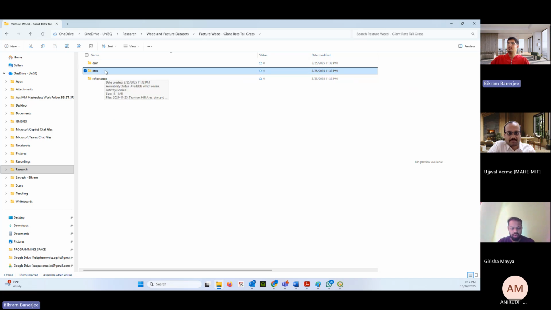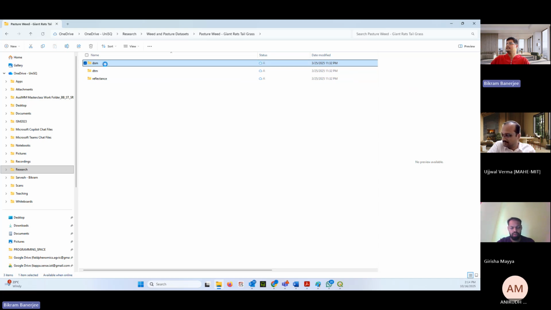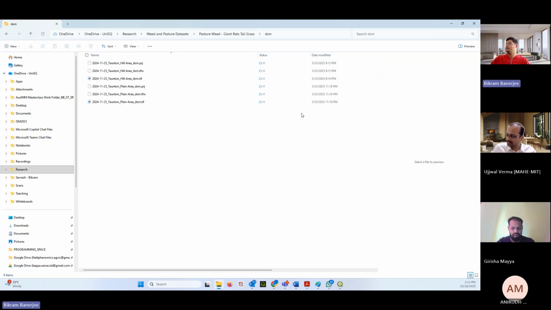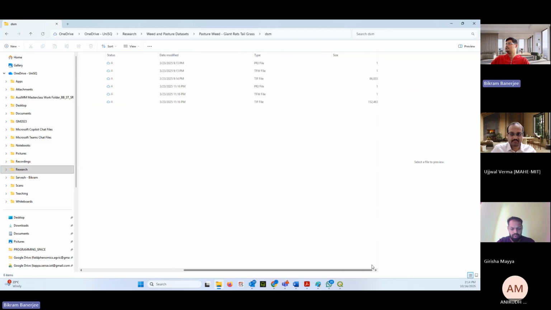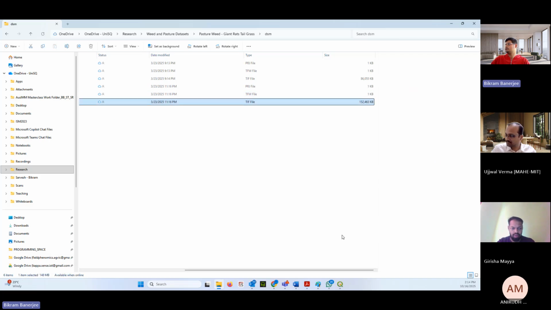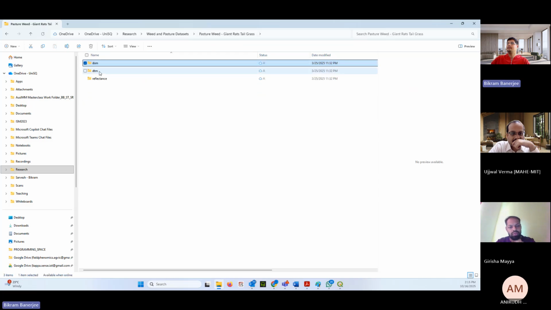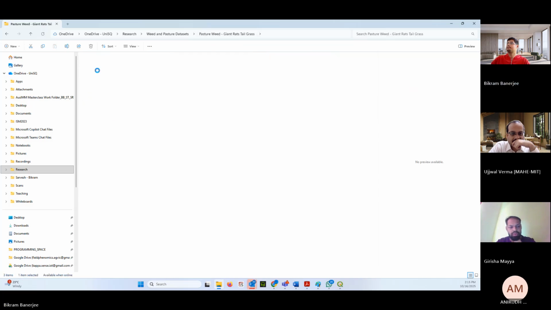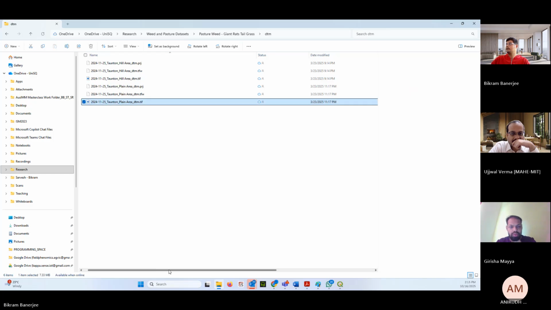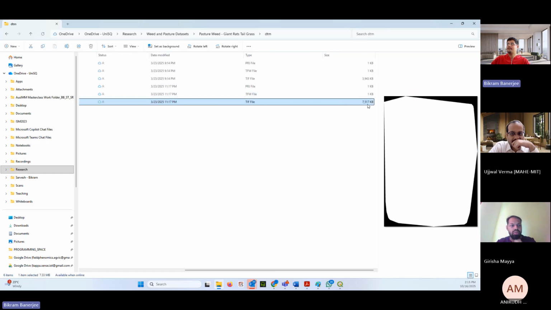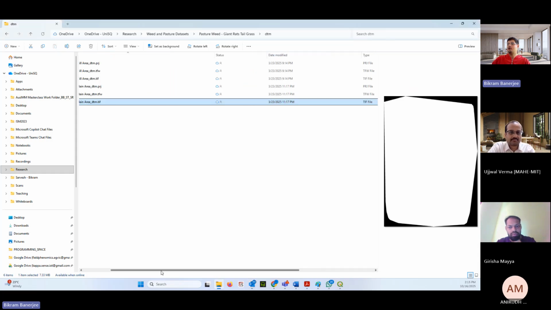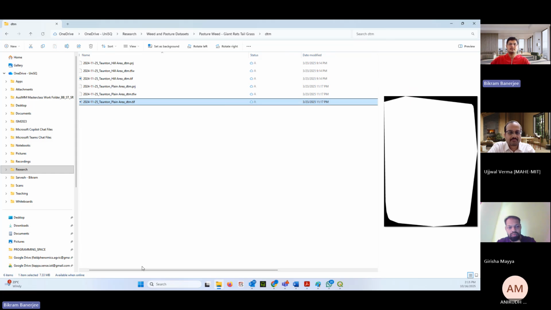But one thing to note is that the DSM data will be bigger in size. The size is about 152 megabytes for the Totten Plain area, and for the DTM it will be a bit less, only about 7 megabytes. The reason for this variation is that the resolution of the digital terrain model is always 5 times lower than the digital surface model.